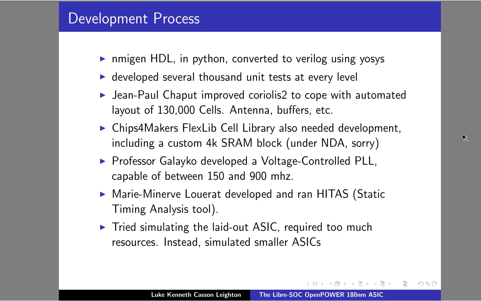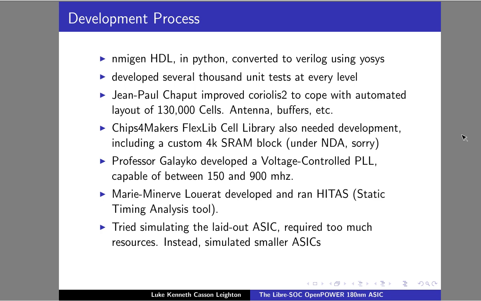Professor Gaillardon developed a voltage controlled PLL for us, a voltage controlled oscillator. He did SPICE simulations, and it was capable of running between 150 and 900 megahertz, which is fantastic. And so when divided by 2, that means that in theory we could run at 450 megahertz.